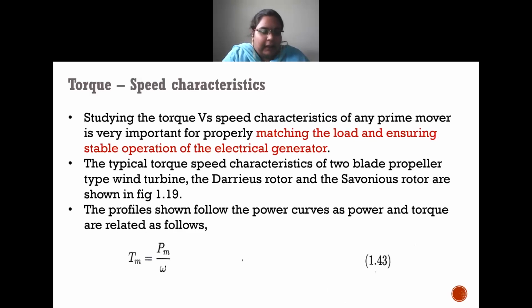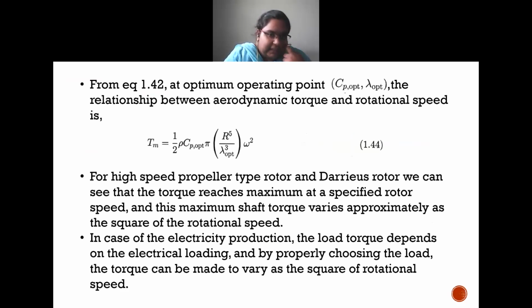We have already established the power speed characteristics. Now he is establishing a relationship between torque and power. He is just saying that torque is nothing but power divided by angular velocity. So based upon this relation, he has developed a relation of torque with other parameters.